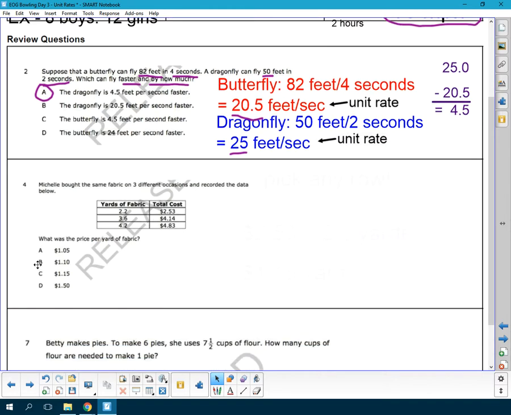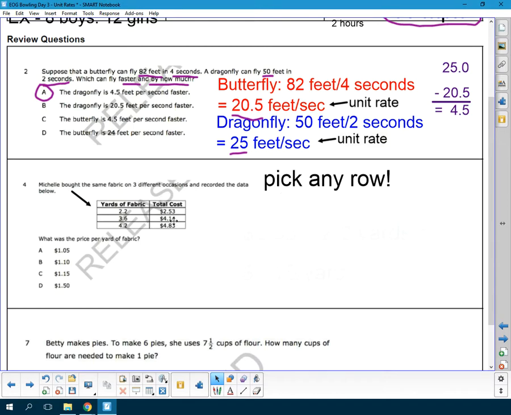The second one says Michelle bought the same fabric on 3 different occasions and recorded the data below. Here is a lovely chart that she made because she has tons of time on her hands to compare the yards of fabric to the total cost. All of these are proportional, so we could pick any row and use it.